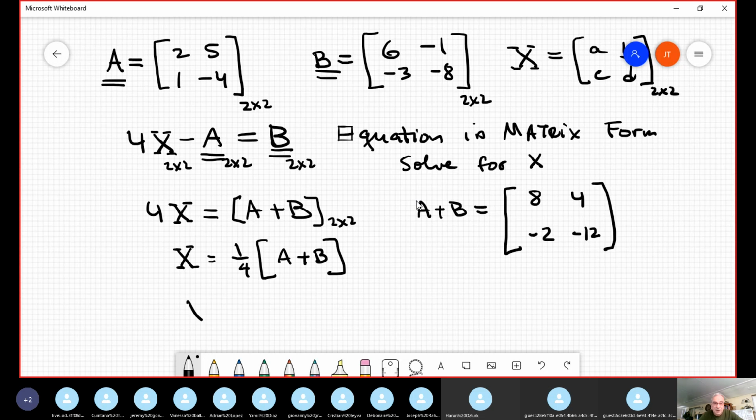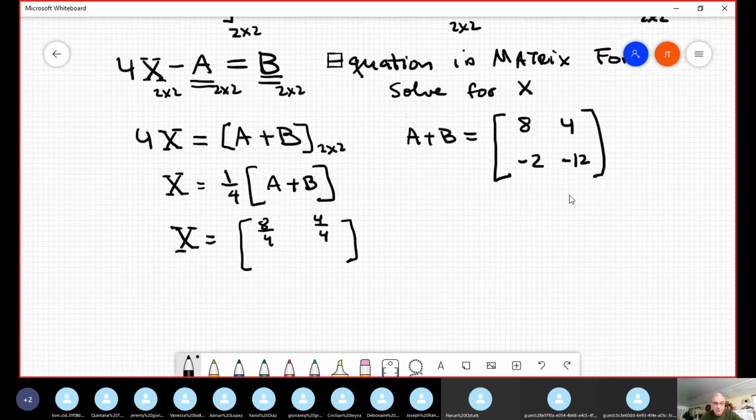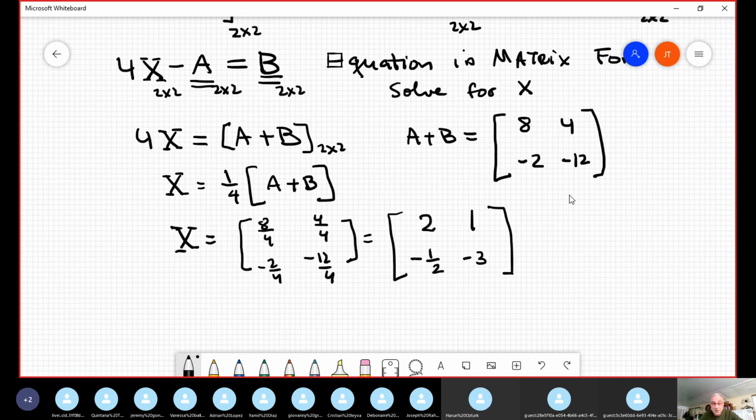This is A plus B. Finally, matrix X is 1 over 4 times A plus B. In other words, you divide every element by 4. 8 divided by 4, 4 divided by 4, negative 2 divided by 4, and negative 12 divided by 4. When you reduce to lowest terms, it's 2, 1, negative 1/2, and negative 3. End of the story.